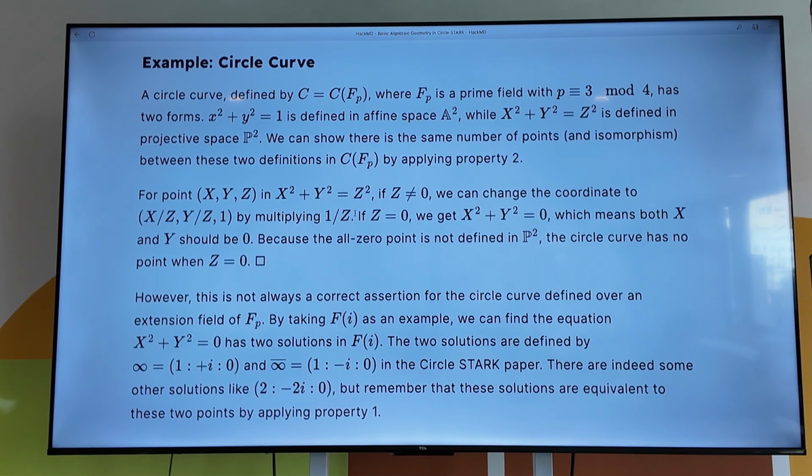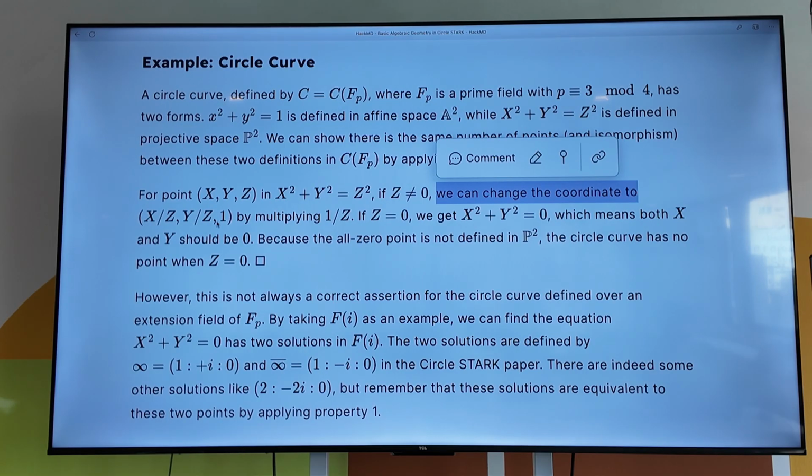We can show we have the same number of points between these two forms over Fp. We just apply property 2 we mentioned before. When z is non-zero, we can change coordinates to this form by multiplying 1 over z.